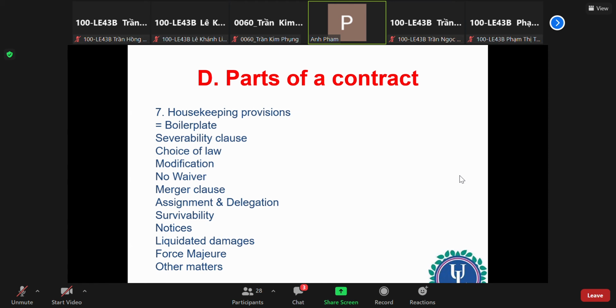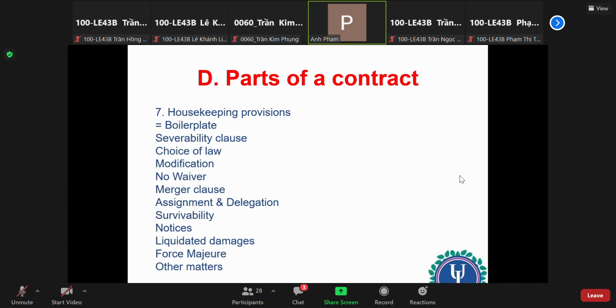And you know the differences between liquidated damages, compensatory damages, and also the penalties under Vietnamese law. And you also know whether liquidated damages are recognized under Vietnamese law or not, right? So how can we draft a clause which is similar to liquidated damages?